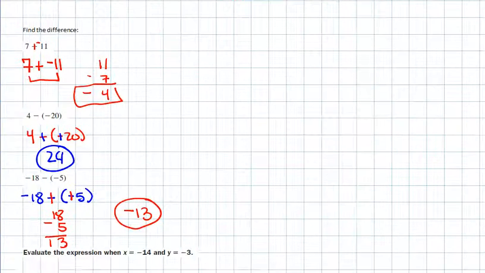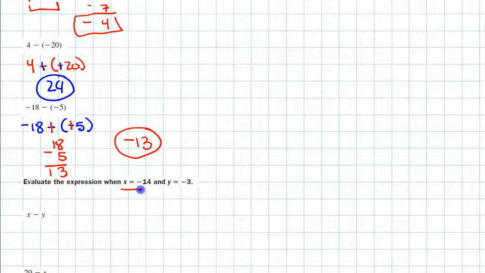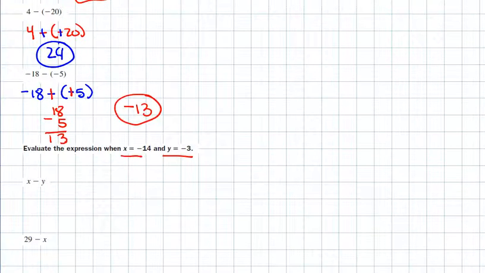Right? What happens when you need to substitute for a variable expression? In this situation, x equals -14 and y equals -3. So if I have x minus y, I have -14, so I'm substituting minus -3.